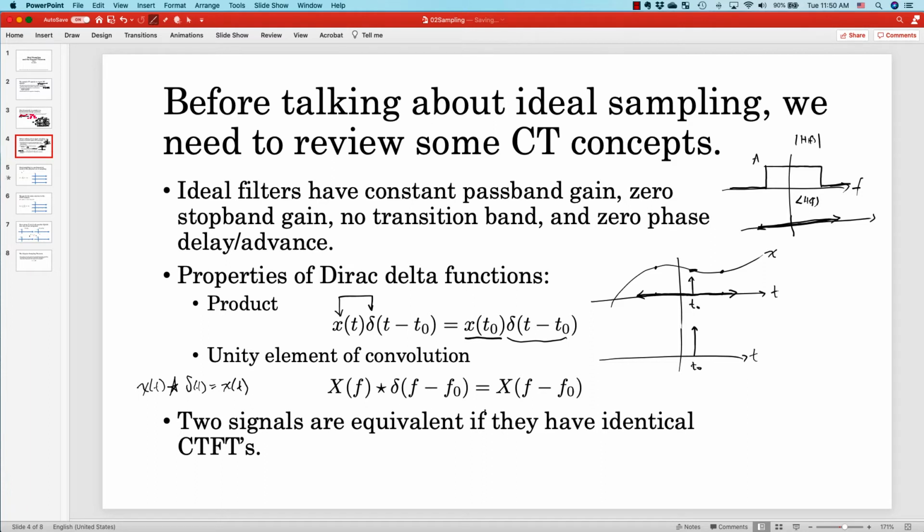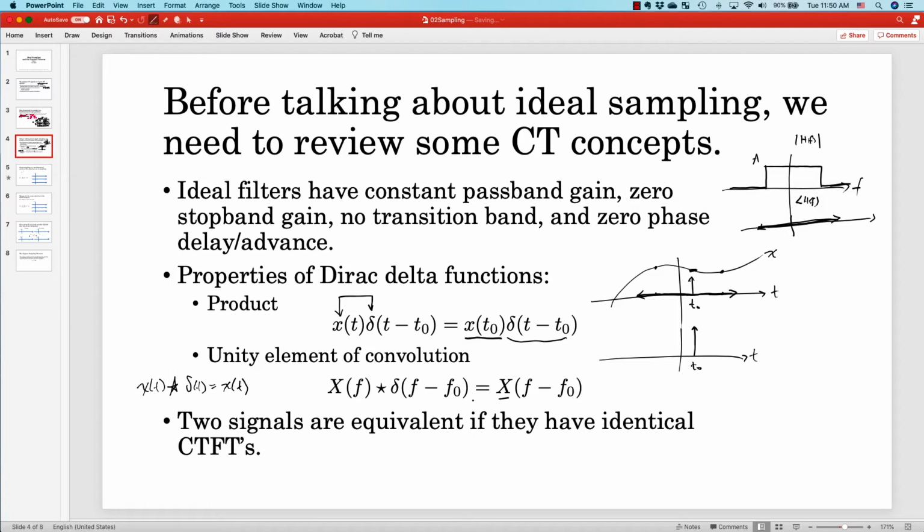Here I've listed these as functions of frequency. That's fine. Convolution still acts the same, provided you have a one-dimensional domain. I've also shifted the delta over, so this delta doesn't fire at 0, it fires at frequency f0, and the effect of that is that it's still a unity element. I still convolve x with delta and I get x, but I get x shifted. Shifted by how much? By the delta shift.